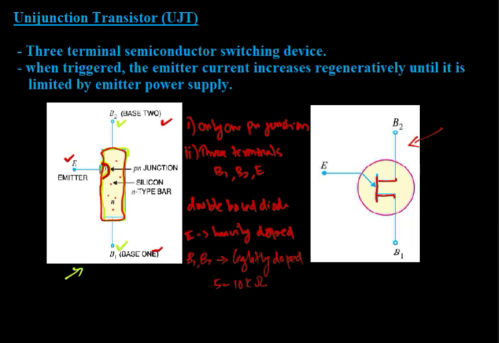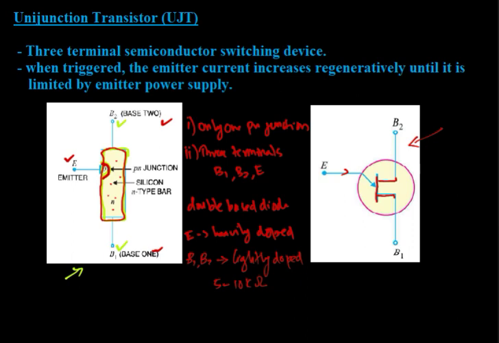Since this emitter region is a P region, the current is flowing into the transistor. So the arrow is represented towards, or inside, the transistor, or towards the junction. So this symbol represents the unijunction transistor.